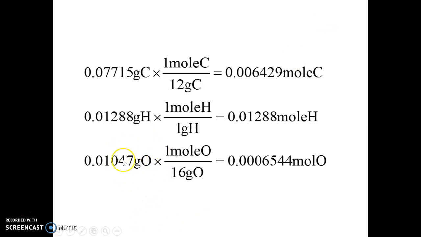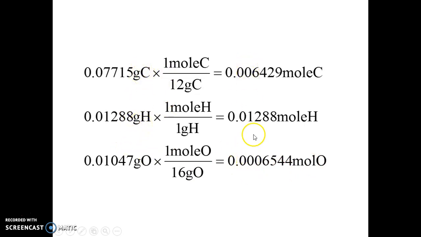The only way to figure out grams of oxygen was to use grams of carbon and hydrogen. So even though it feels like we did too much work in the previous page, we actually needed to do that in order to figure out grams of oxygen. So these numbers we could have gotten previously, but we never would have gotten the moles of oxygen previously if we had not gone to grams of carbon and hydrogen.